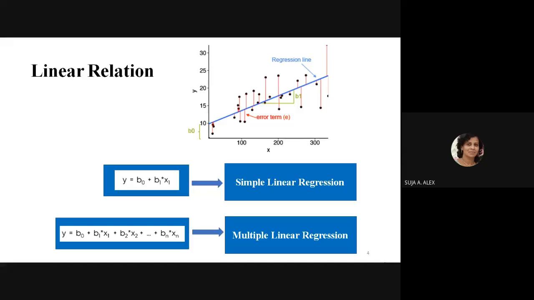Now let us see the graph. In the graph, the blue color straight line denotes the regression line. This regression line cuts over one point on the y-axis called the intercept point. That's called b0. And the slope of this line is called b1.